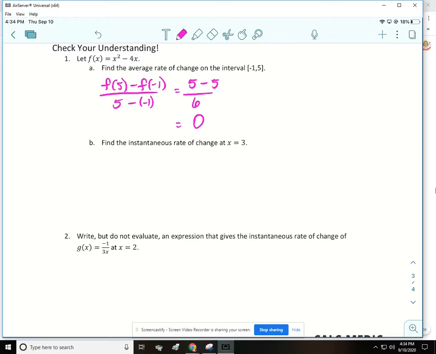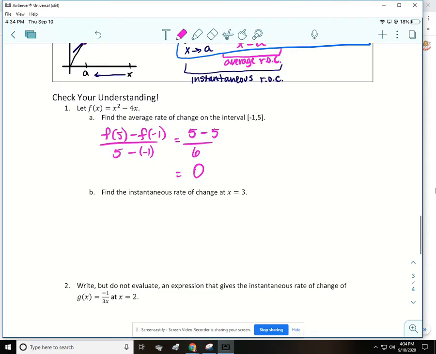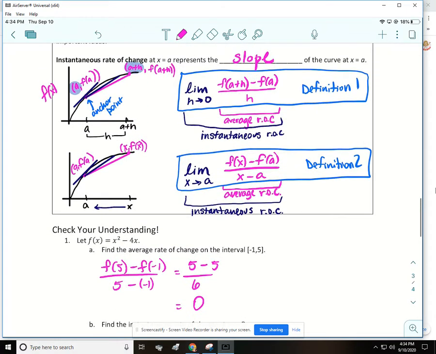All right, this next one is asking us to find the instantaneous rate of change. So we have two choices. We can do definition 1 or definition 2. I'm just going to go ahead and do definition 1. We'll practice with both of them again later.